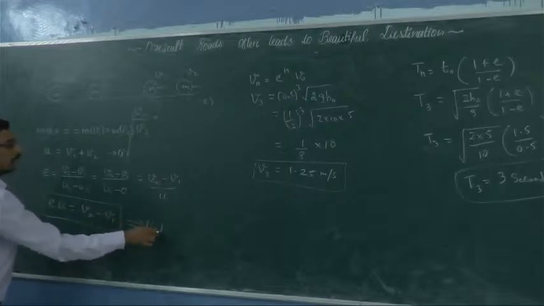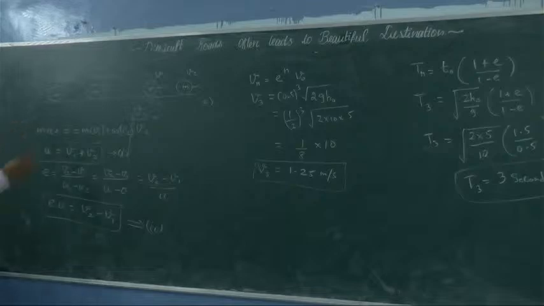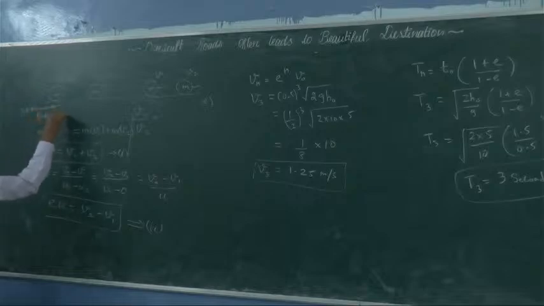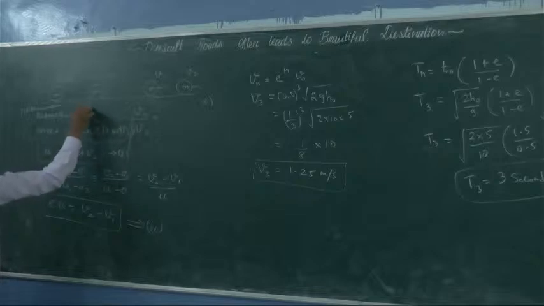Now I am going to solve these two equations to obtain the v1 by v2 ratio. In the first step I used the law of conservation of momentum. This part is the total momentum before collision, and this part is the total momentum after collision.